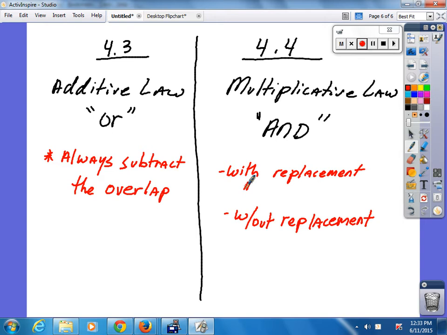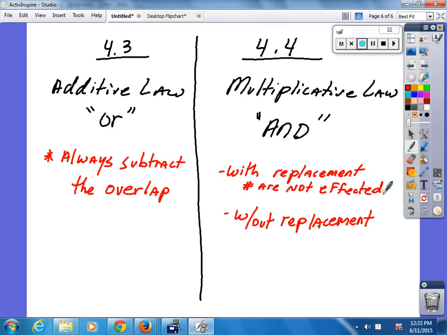The numbers are not affected. Why are the numbers not affected? Because you're putting the slip of paper back in the hat. If you got 30 names in the hat, and you reach in and pick one of the names, write it down, and put it back, how many names are still in the hat? 30. So nothing's changed.